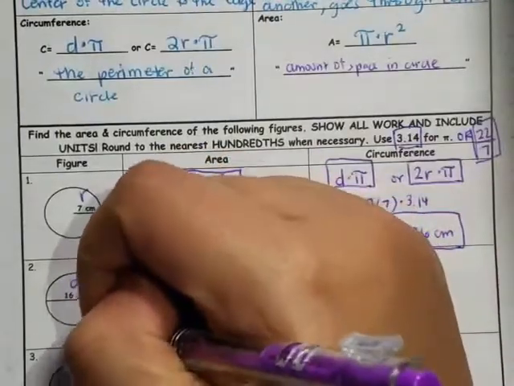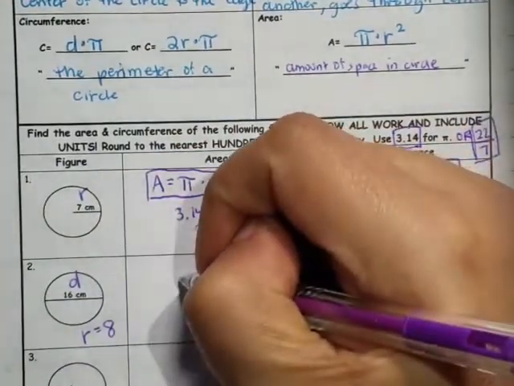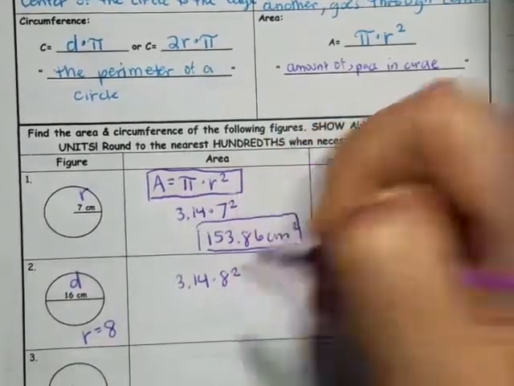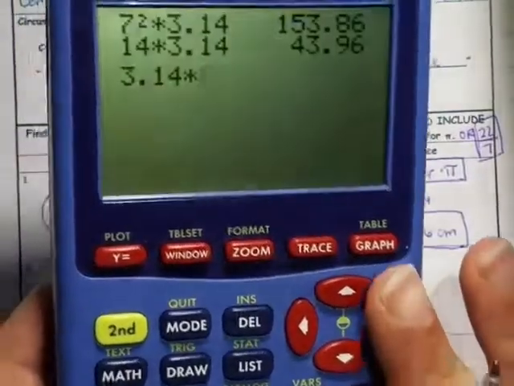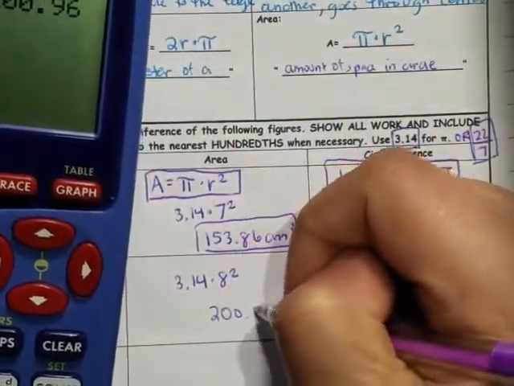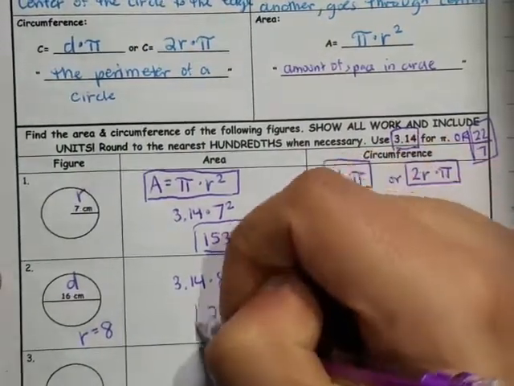So our radius for this problem is going to be 8. So pi times radius squared, 3.14 times 8 squared gives me 200.96 centimeters squared.